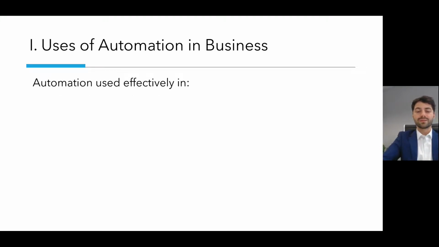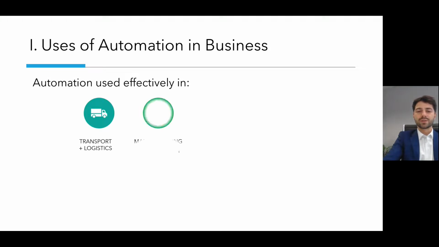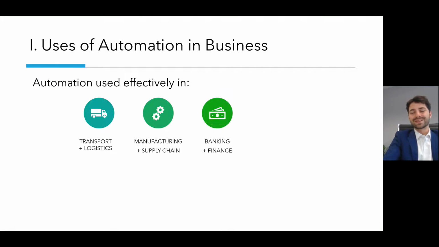So automation used effectively. Well, it's used predominantly in the following areas. Transport and logistics. It's also used in manufacturing and supply chain. We find it in banking and finance to a large degree. Some of the most powerful computers that there are are devoted to improving software in banking and finance and the technology available.